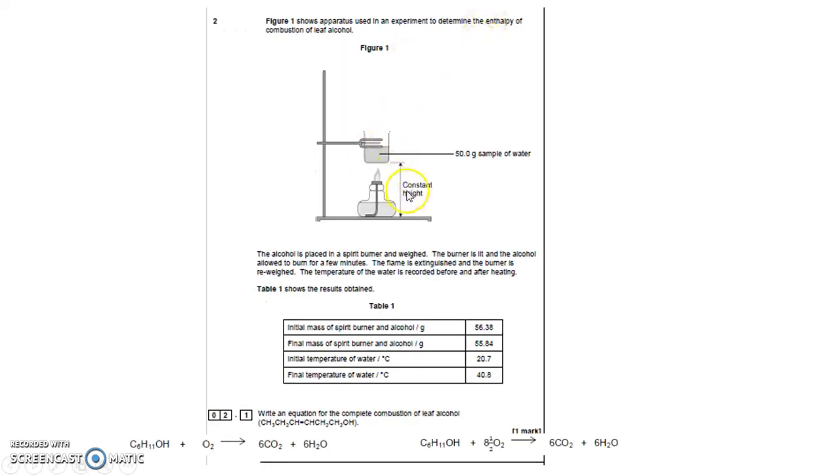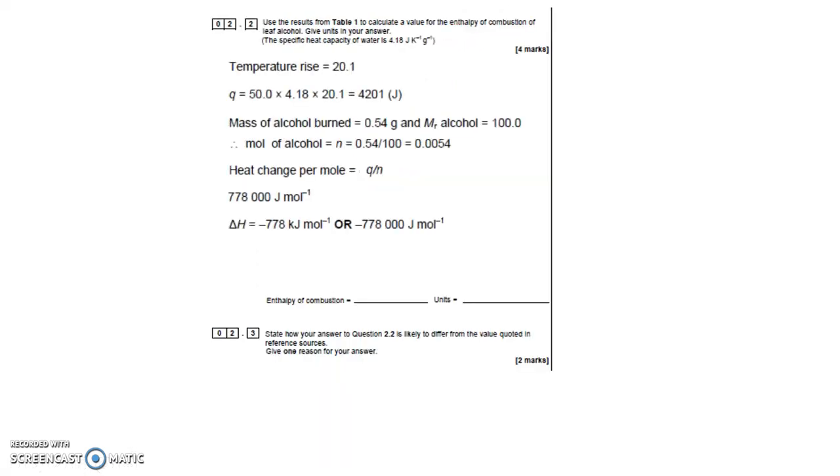The 20.1 will be a smaller number, and so this will be a smaller number. It will be less negative. It might be something like minus 600,000 joules instead.